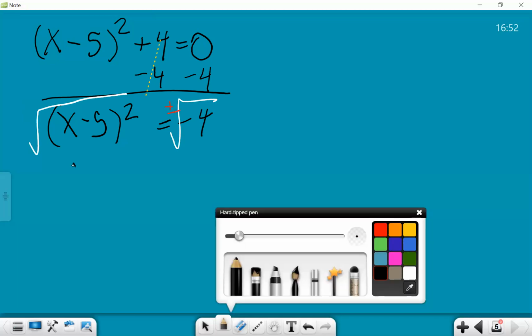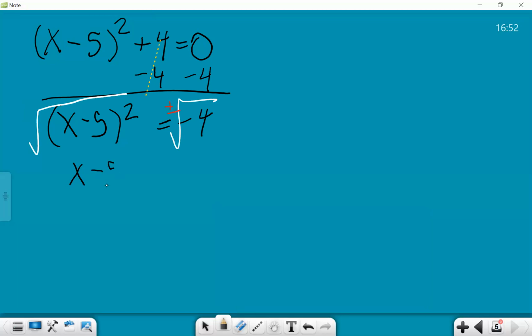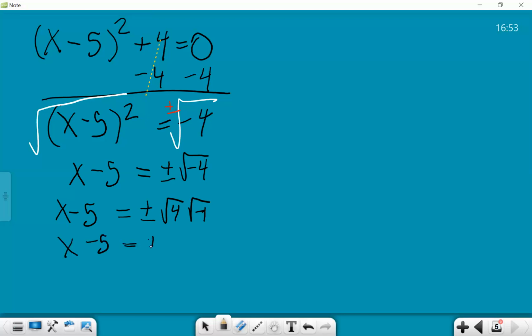So we have square and square root cancel out. I'm left with x minus 5. On the other side, I have plus or minus the square root of negative 4. I'm going to split this into the square root of 4 times the square root of negative 1. So x minus 5 equals plus or minus, square root of 4 is 2, square root of negative 1 is i. And finally, to get x by itself, I'll just add 5 to both sides.